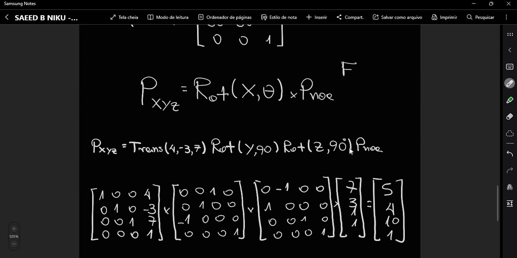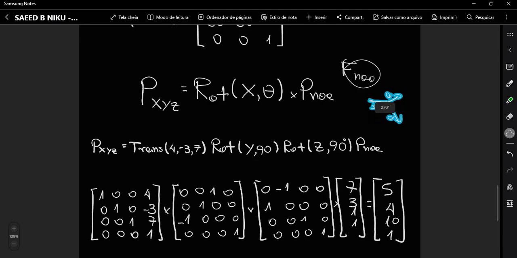The reference system FNOA, or sorry, FAO, is the reference system that we call a derivative reference system. So we link this to another reference system.